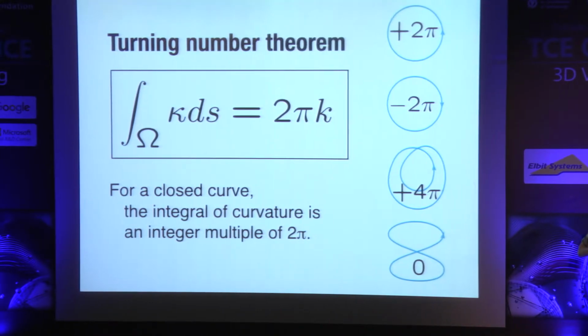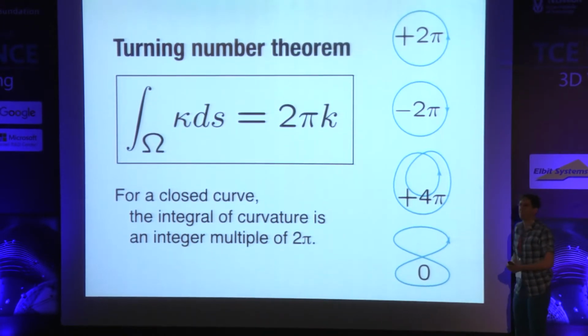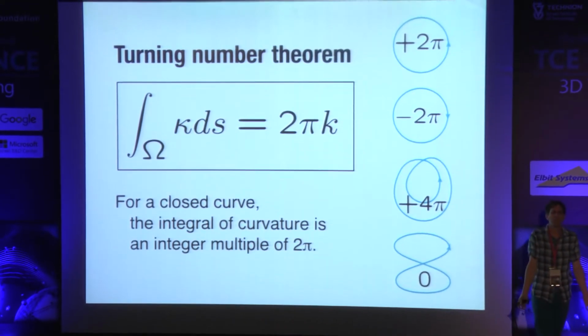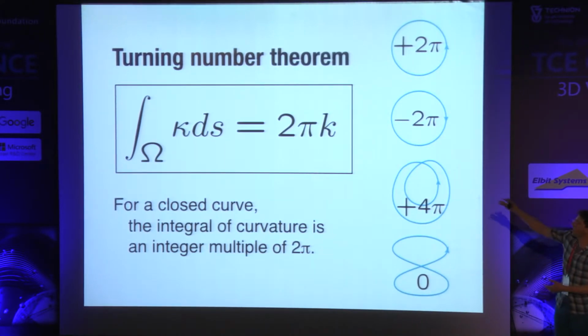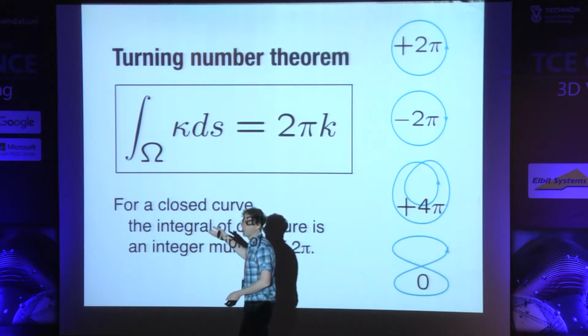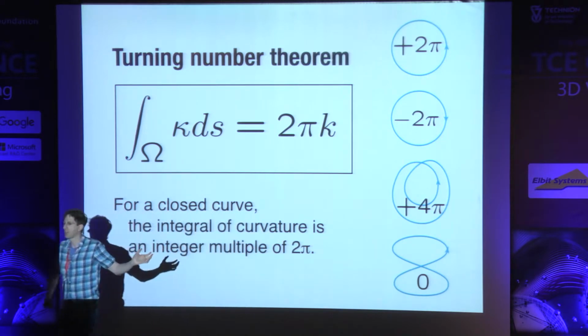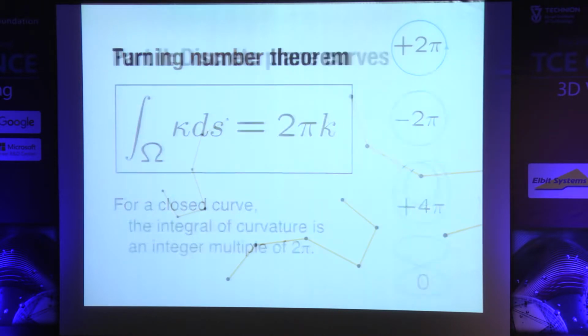We've looked at plane curves. We've identified some interesting differential geometry objects for these plane curves. We've identified some structure that relates these objects. In this case, a relationship between a local quantity and a global quantity. And we might want to have this for a discrete system.